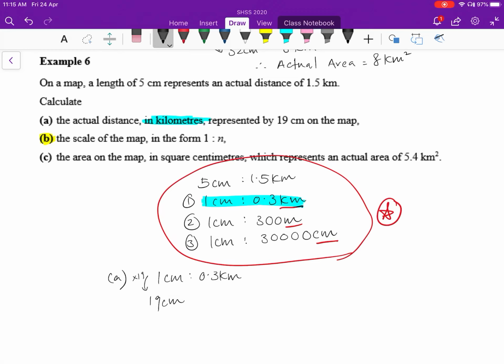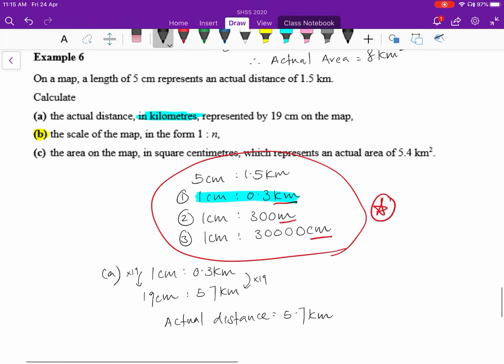So I multiply by 19. So 0.3 multiplied by 19, I get 5.7 kilometers. And my actual distance is then 5.7 kilometers. Done.